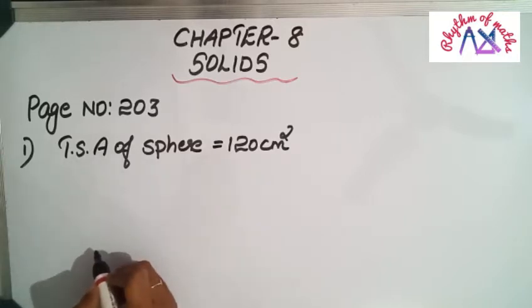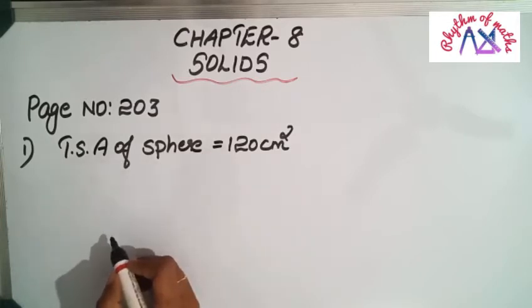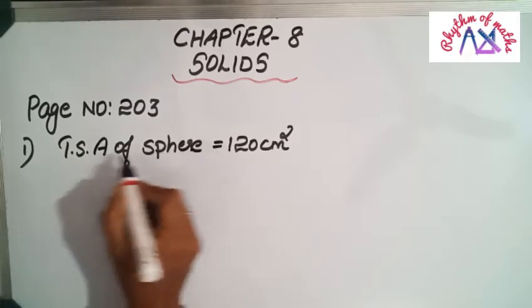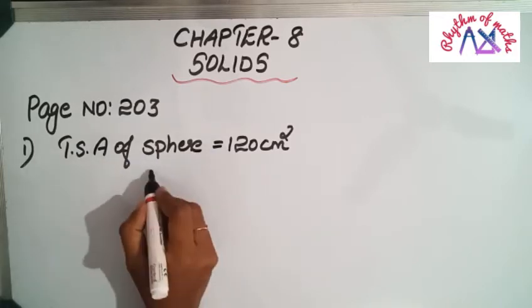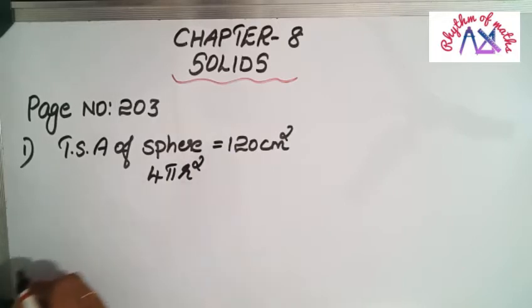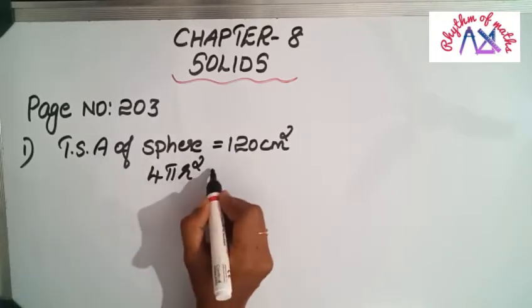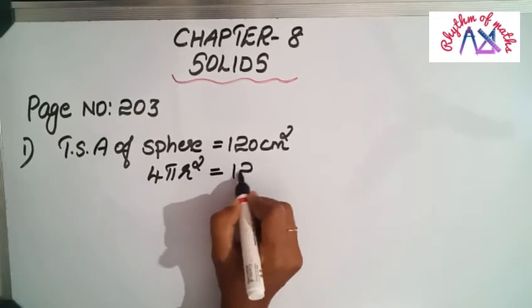That is the question. We know the TSA of a hemisphere is 3 pi r square, and the TSA of a sphere is 4 pi r square. This is the only thing we know from this question, because the TSA of the sphere is given. So 4 pi r square we can write as 120.